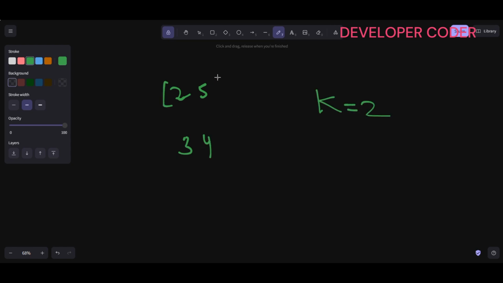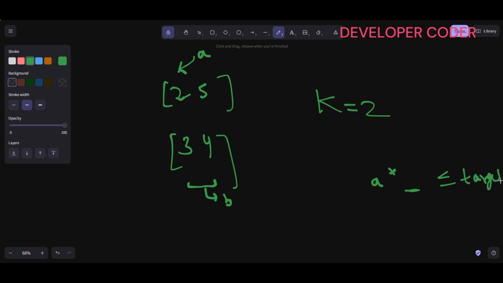First, let's suppose this 2 is nothing but your a. Then for this a you have to find the b's such that when you multiply this a with some value here, it should be less than or equal to your target.